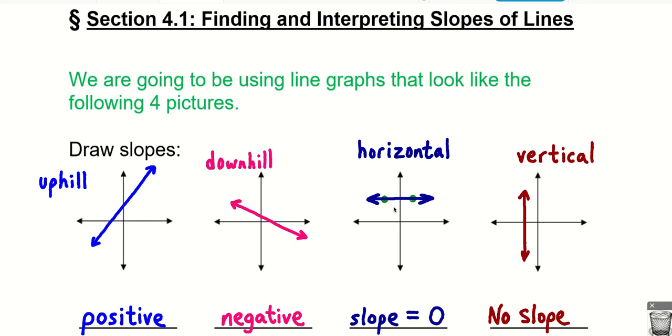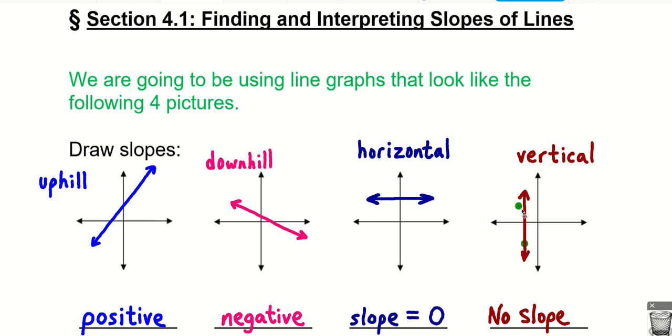Well, your run is whatever, like I don't know if this would be 3 or 5 or 10, but I know the rise is definitely 0. So for any horizontal line, rise over run is going to be 0 over whatever, it doesn't matter. So that's why overall your slope of any horizontal line is 0.